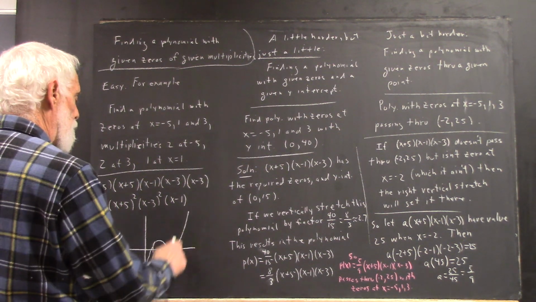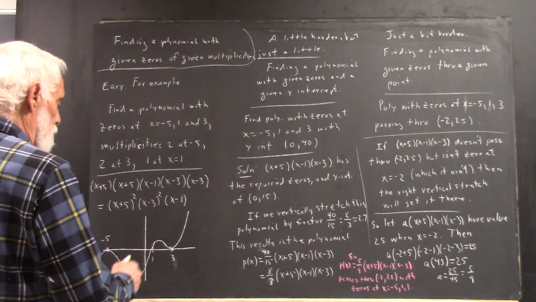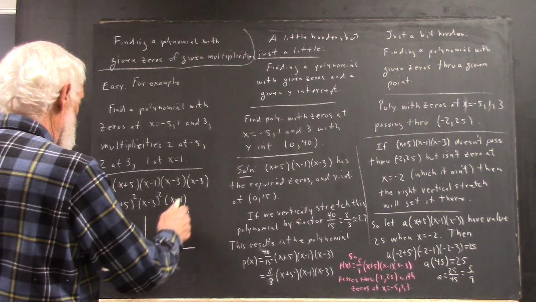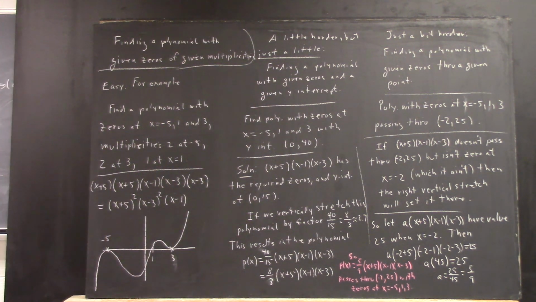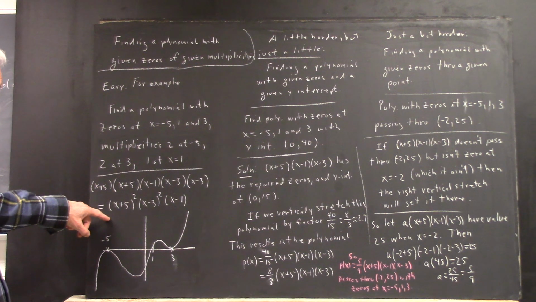It's like a parabola very close to 3. And then it goes on, and it's no longer going to act parabolic, it's going to act like the cubic function. Okay? So there is this polynomial.